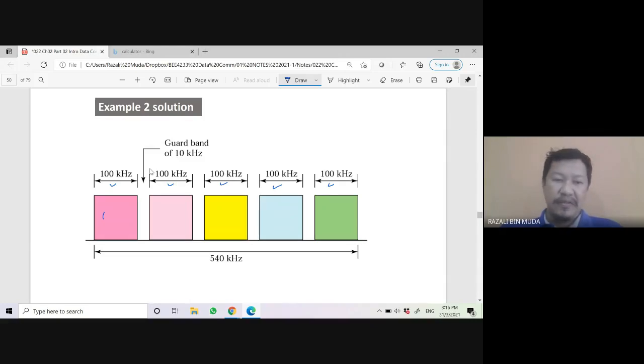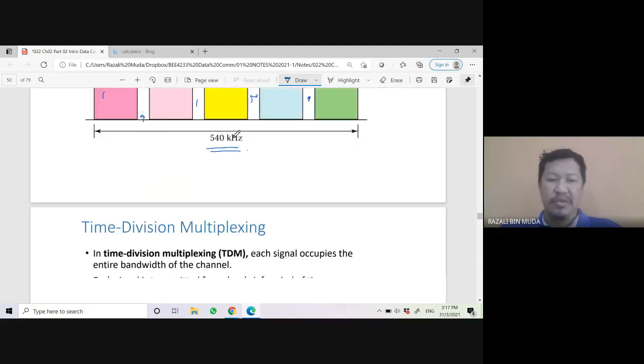Each of these channels is separated by 10 kHz. They call it a guard band of 10 kHz. So you have 10 here, 10 here, 10 here, 10 here. So 40, and 500 plus 40. So in total, you need 540 kHz for question number 2.